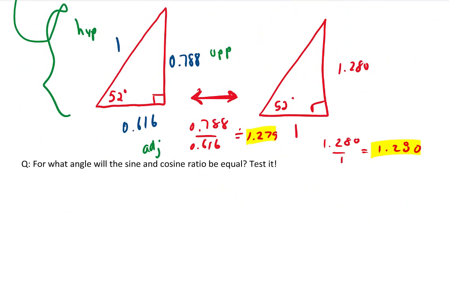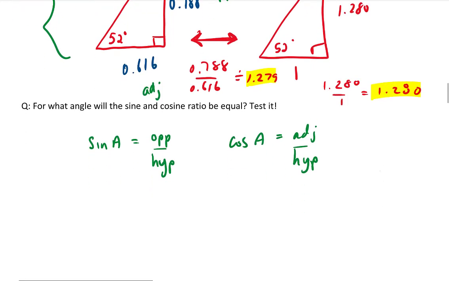So thinking about what these ratios are, for what angle will sine and cosine ratio be equal? Remember that sine of an angle A is opposite over hypotenuse, and cosine of an angle A is adjacent over hypotenuse.